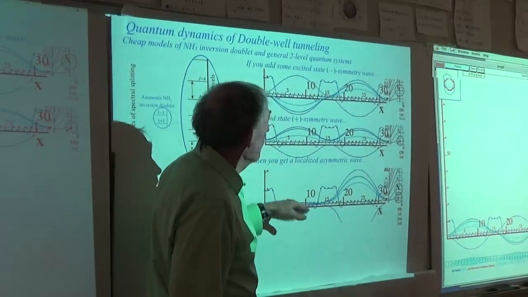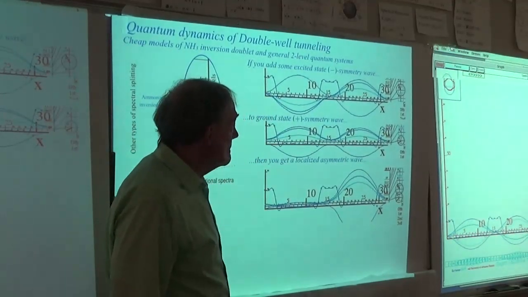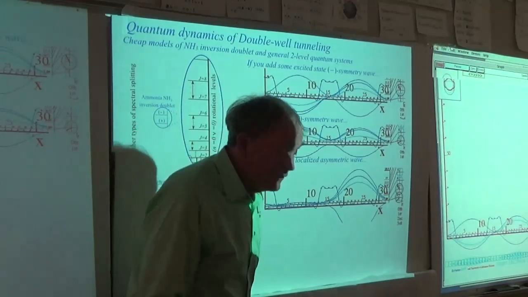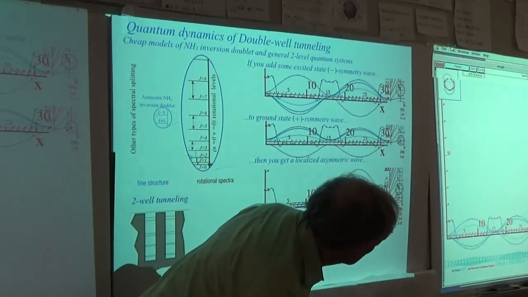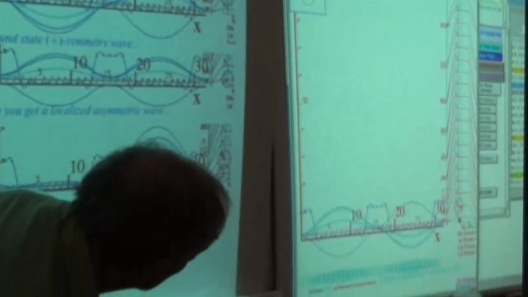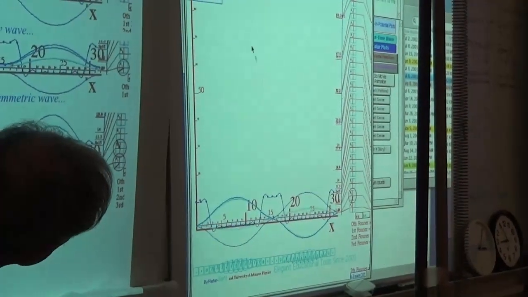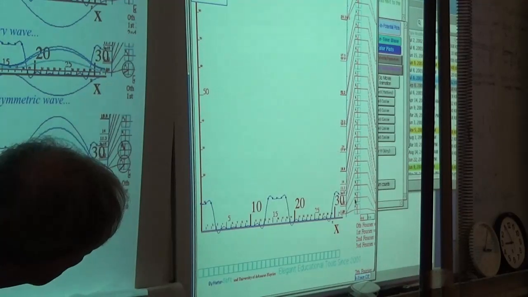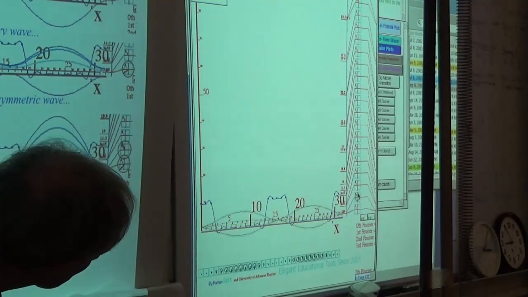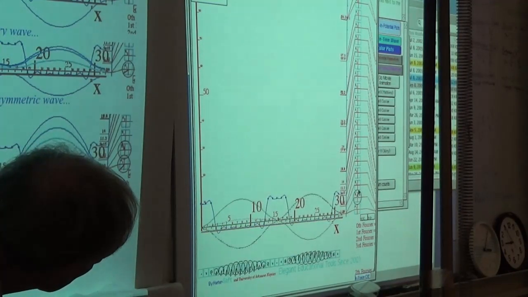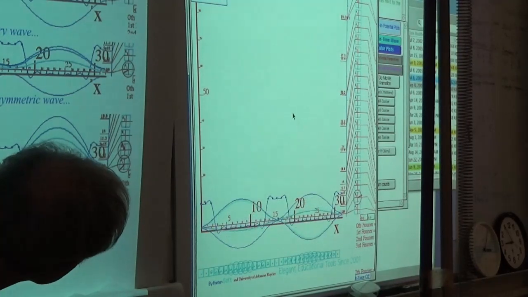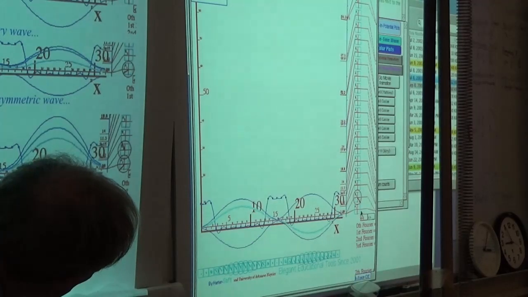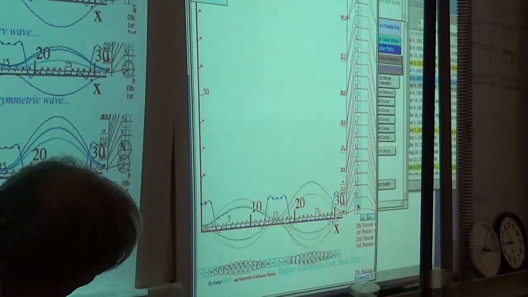Right now it's something that's very small, wiggling. Okay? So that's what I'm going to do. While I'm here, I'm going to add the ground state back in. Okay? But let's just do it with the thing standing still so that I get time to adjust this thing. So here's the excited guy that's anti-symmetric. And now I'm going to pause. I'm going to add the symmetric part with the ground state wave to it. Okay?